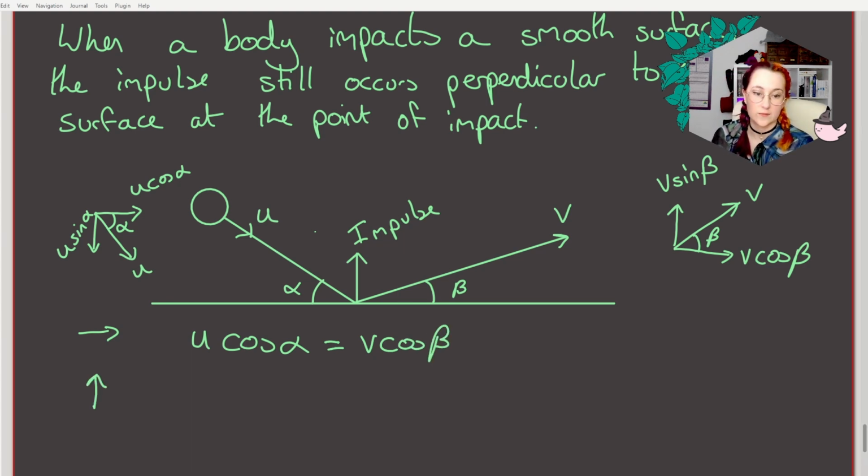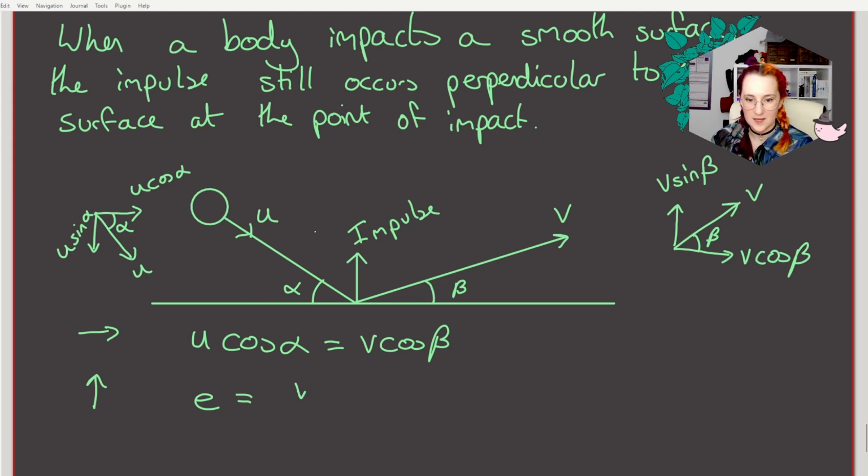And then vertically, we have the speed down and the speed up, but we also have this coefficient of restitution. So the coefficient of restitution measures how bouncy upwards it is. Doesn't really impact the horizontal because there's no impulse in that direction.